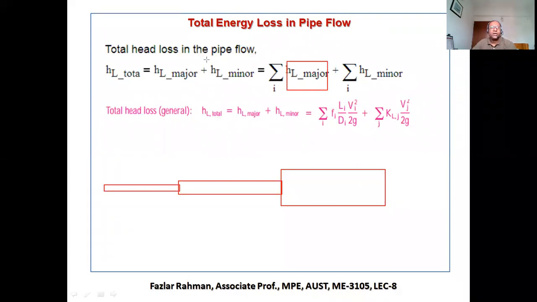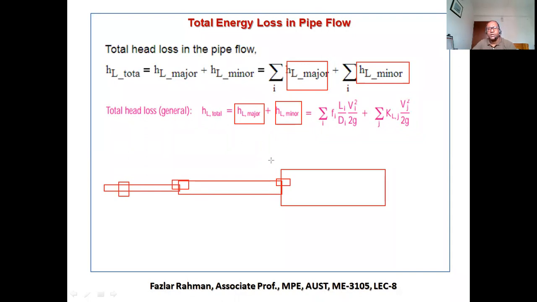Similarly, you might have multiple fittings around the pipe. So you need to make a summation of head loss due to all the pipe fittings. So total head loss equals head loss due to the friction, that is called major head loss, and head loss due to the pipe fittings, that is called minor head loss.